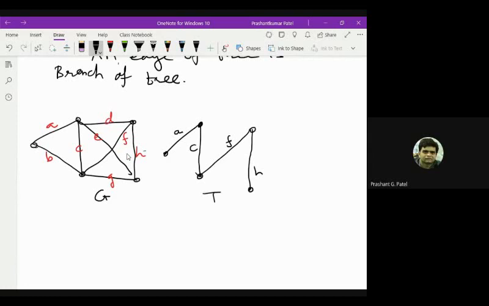So this is a spanning tree. An example of a spanning tree. And A, C, F, H, all of them are the branches of the tree.